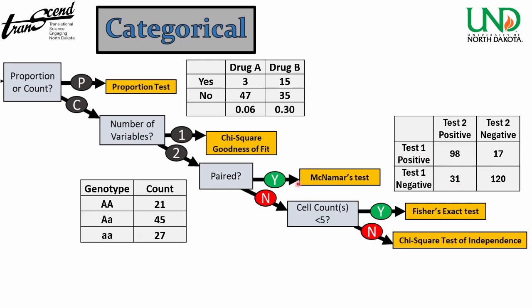Now, if it's not really paired, you have a final question, which is more about how much data you have. If you have cell counts of less than 5, you have a very specific test called the Fisher's exact test. If not, if you have enough data, you typically do the more general chi-square test of independence.